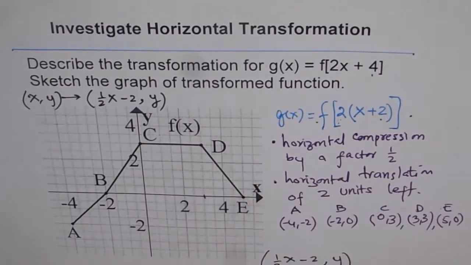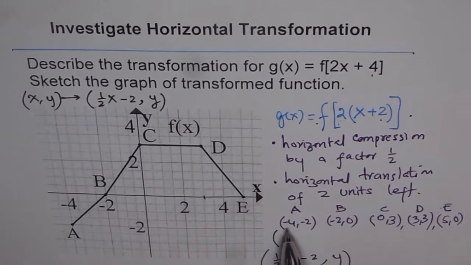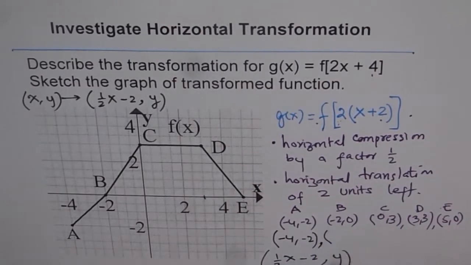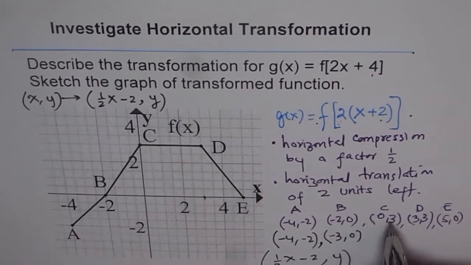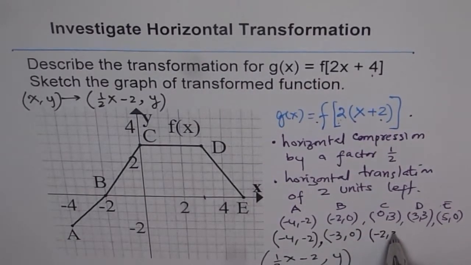Y remains exactly the same. So when you write this, calculate, use your calculator. Half of -4 is -2, minus 2 gives me -4. So I get -4, and the y value will be the same, correct? Similarly, point B: half of -2 is -1, so -1 minus 2 is -3, and 0. Then C: half of 0 is 0, so we get -2 and 3.